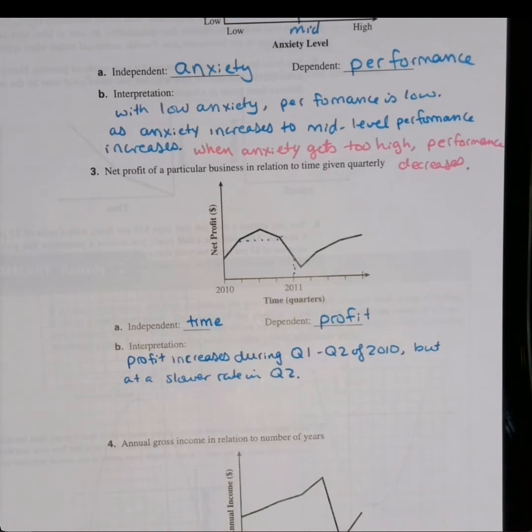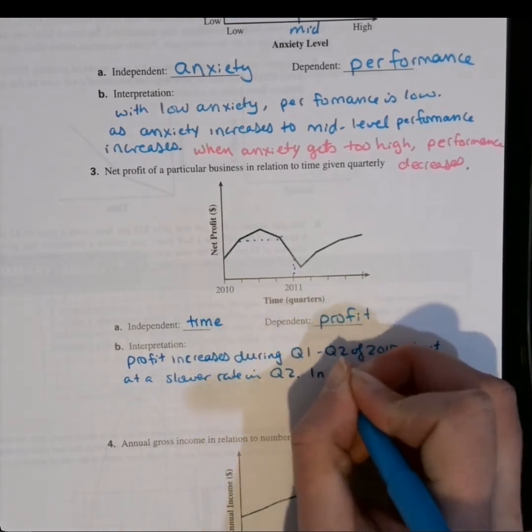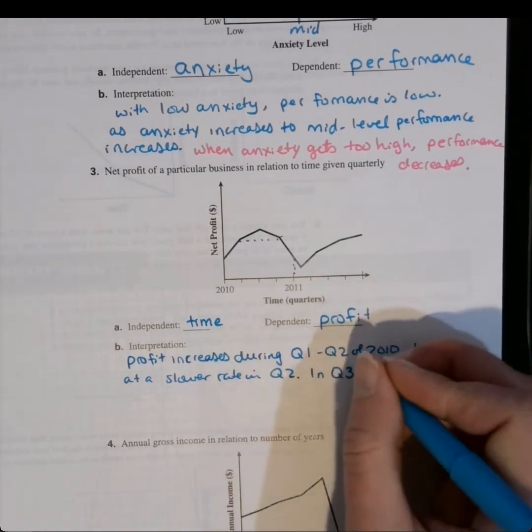Then in quarter three, all of quarter two's gains are lost.